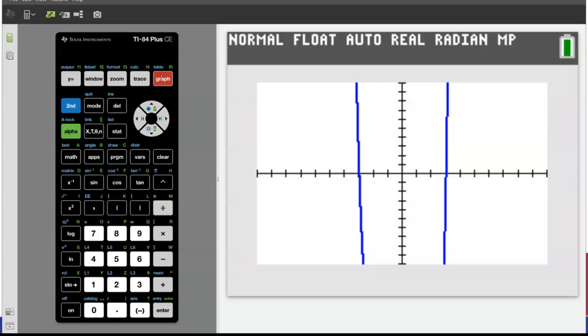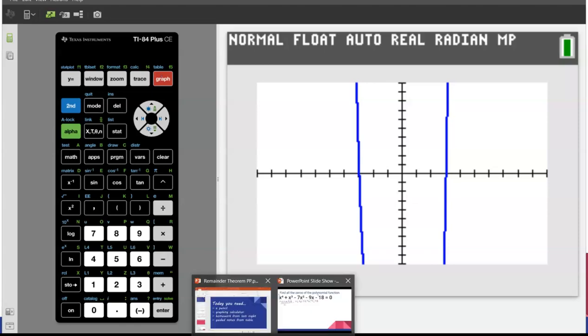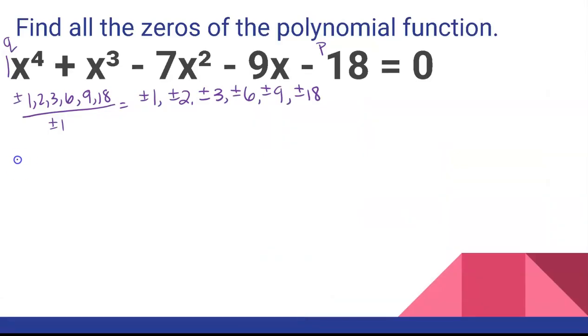All right, so do you want to test 3 or negative 3? 3? Sounds good. Okay, let's test 3. All my coefficients are there. I don't need any placeholders. Drop down this guy. 3 times 1 is positive 3.